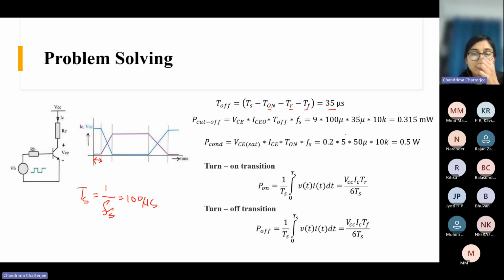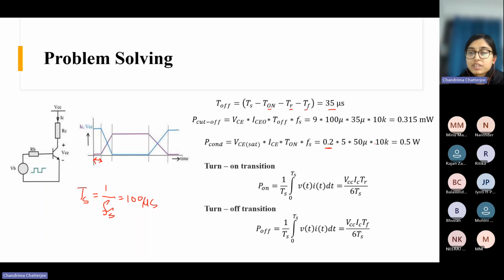Then we have computed the conduction loss. During conduction, the voltage across the device is VCE saturation, this blue color waveform, which is a very small value, given as 0.2 volt in the question. IC is given as 5 ampere, then the on time 50 microsecond, multiplied by the frequency.